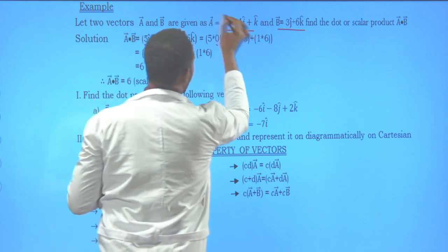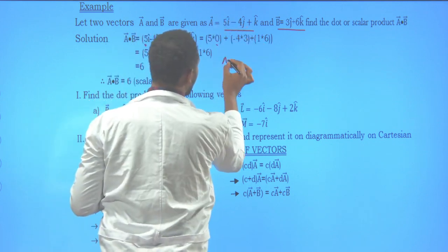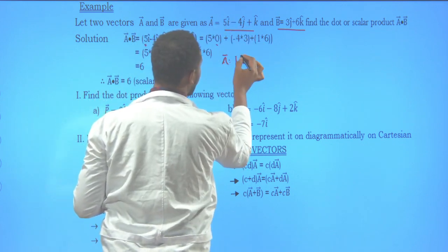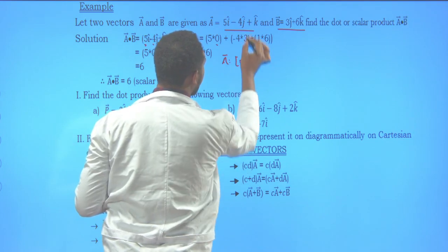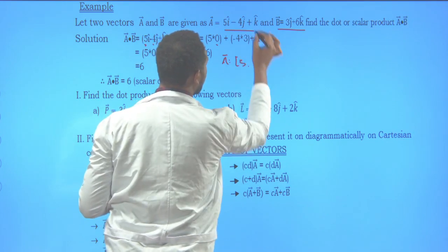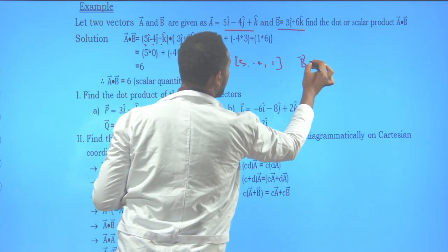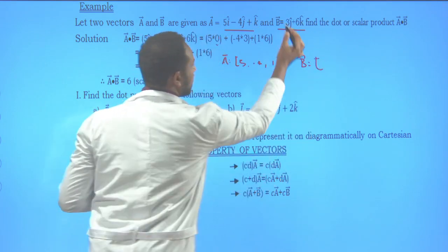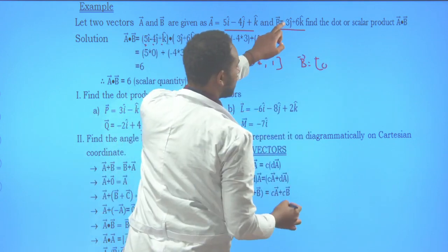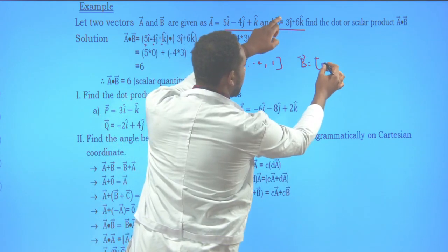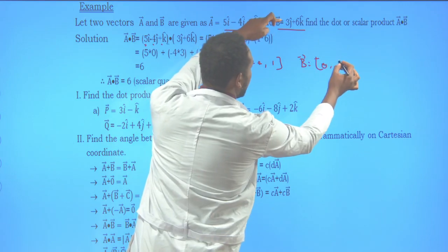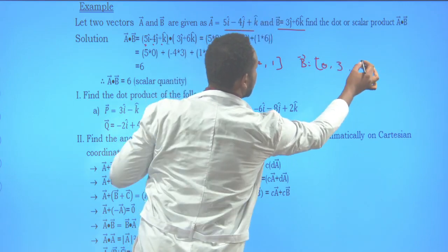If you are using the column method, it's possible to write this as 5, minus 4, and 1. And the component of vector B can be given as 0, because there is no i component, or component along the x-axis. And here you have 3 and 6.